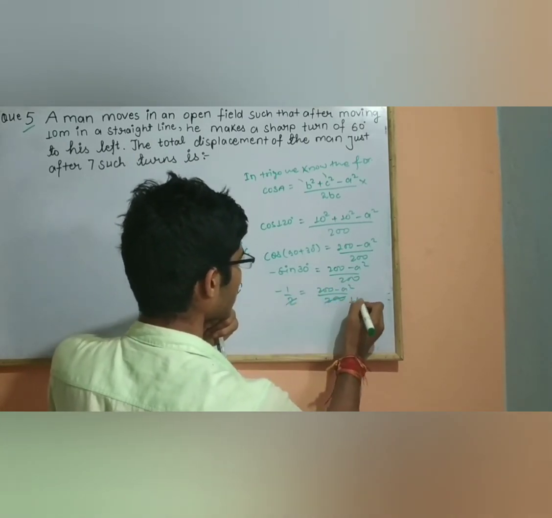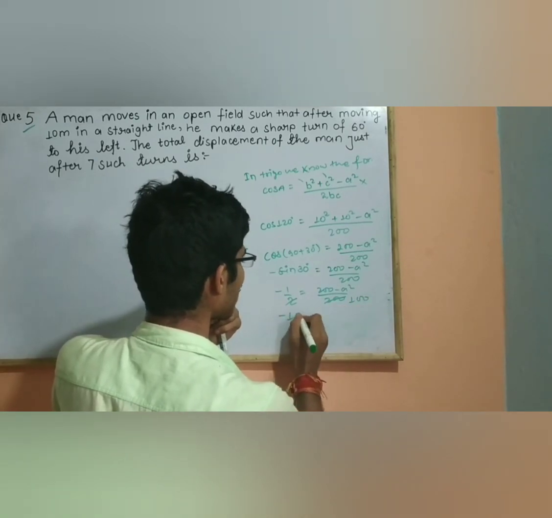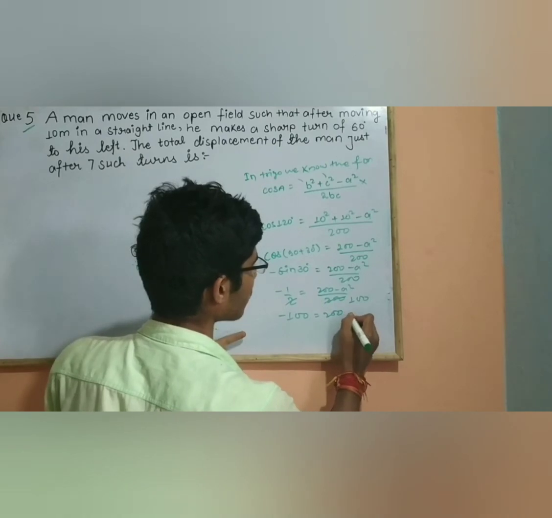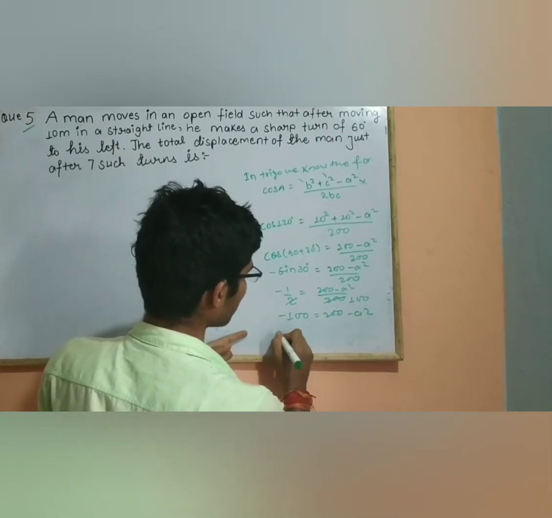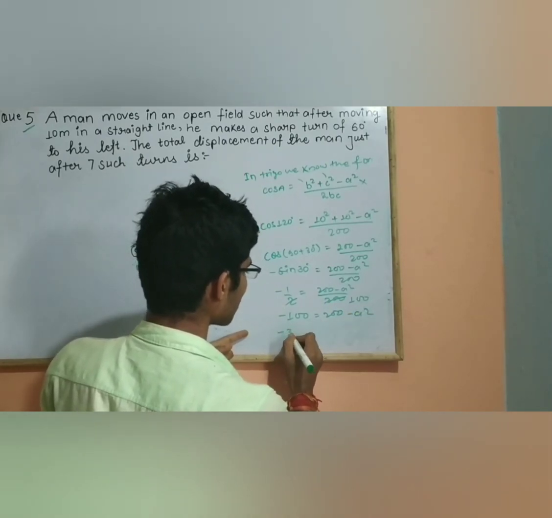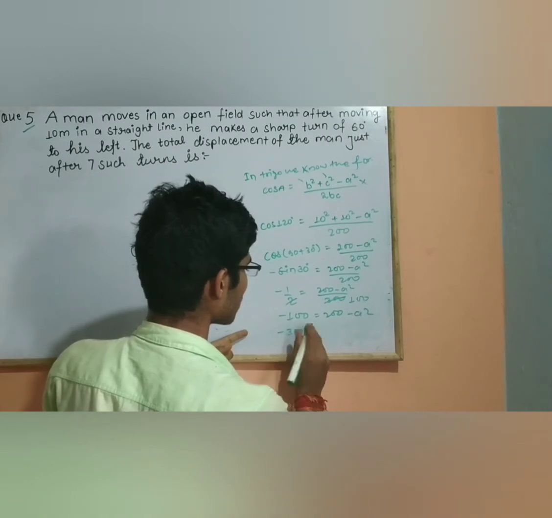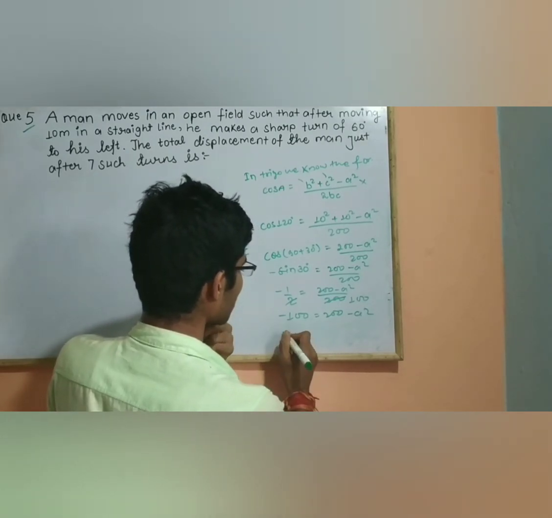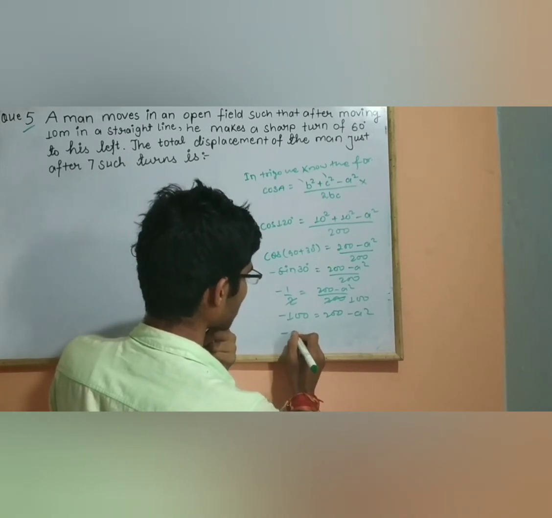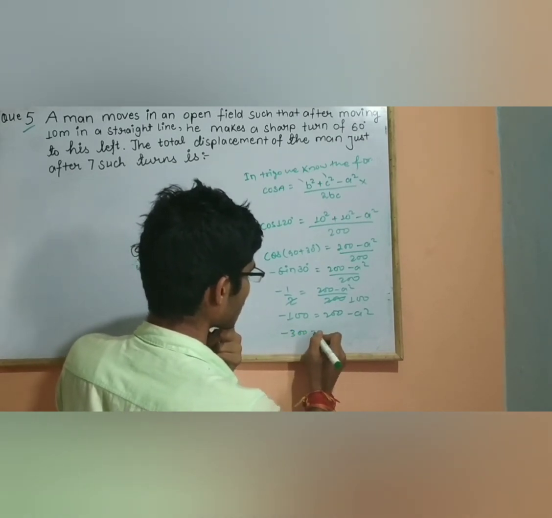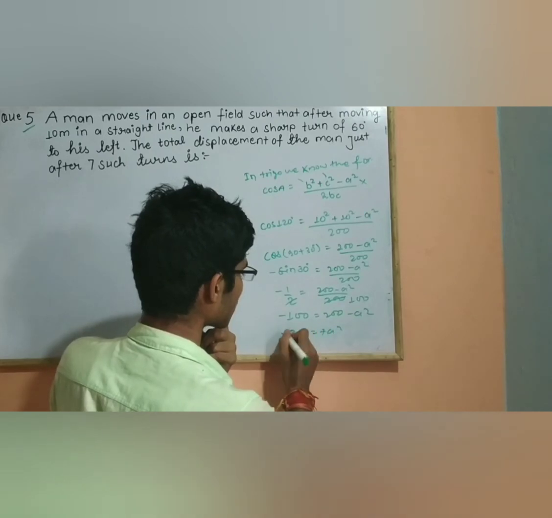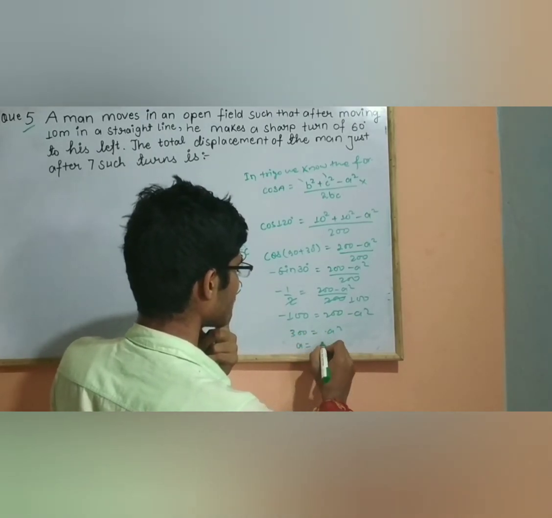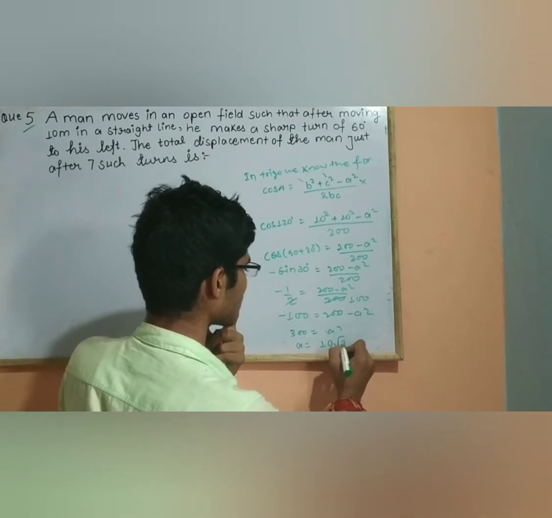So this will be minus 100 equals 200 minus A square, so A square will be 300, and A will be 10 root 3.